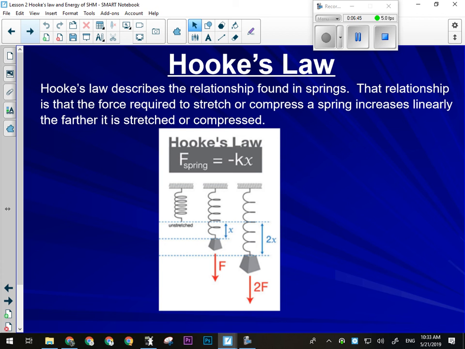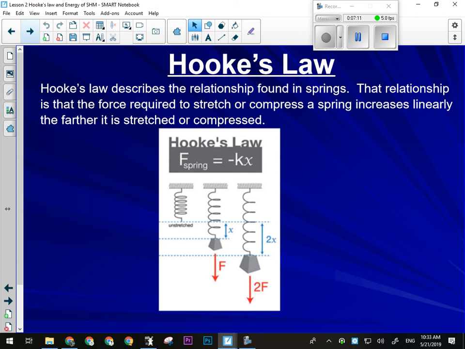Now, why is there a negative in that formula? Well, it's there even if I stretch it. The force in a spring is always going to be opposite the direction you push or pull it.